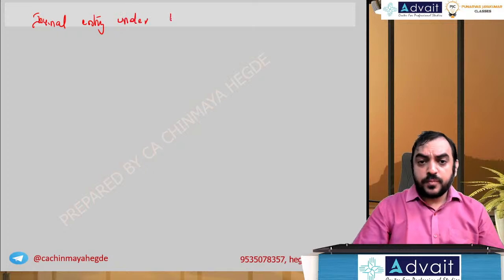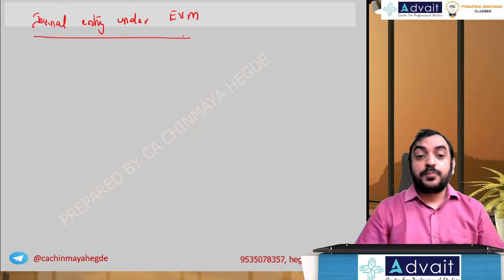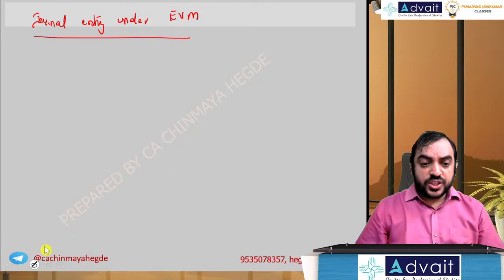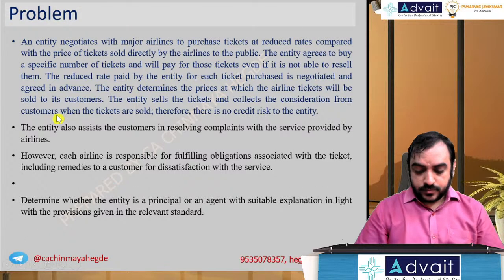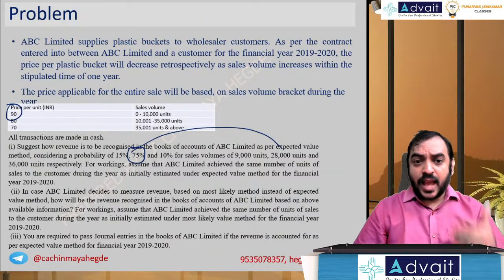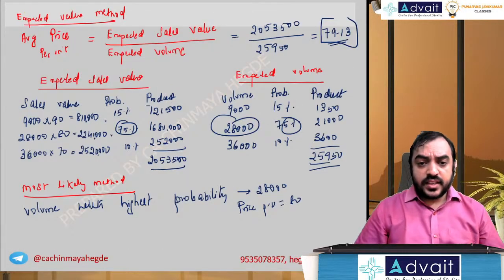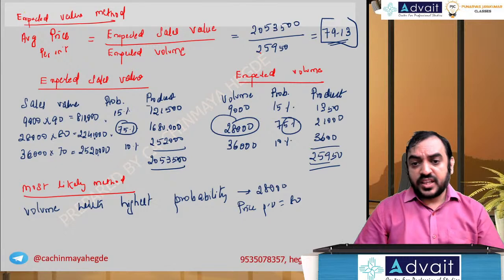I'll write the short form EVM, not your regular electronic voting machine, expected value method. First we'll select on sale of 10,000 units, the slab will change after 10,000 units. So I'll take the first 10,000 units, then you're selling the remaining 15,950 units because expected value is 25,950.